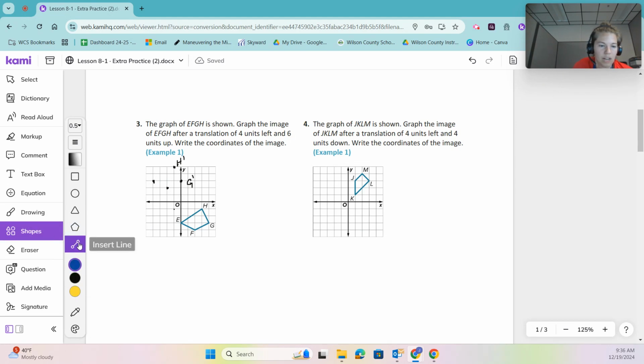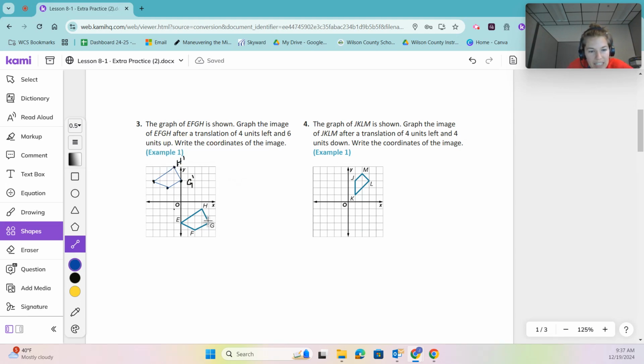Then I will connect my dots here. Again, notice that this is the exact same shape as the original. You can also take a look here at the side lengths.